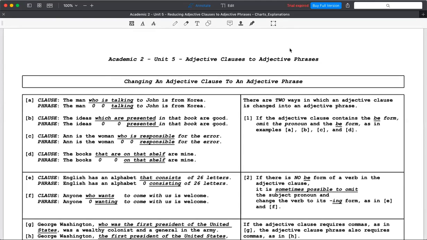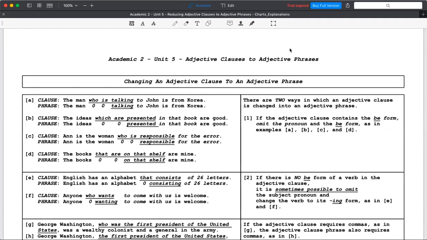This might make your job a little bit easier. This is the second step that we're continuing, changing your adjective clauses into adjective phrases. So we will try to build better sentence structure, combining 2 sentences in order to have more complex structure for higher marks in communication.